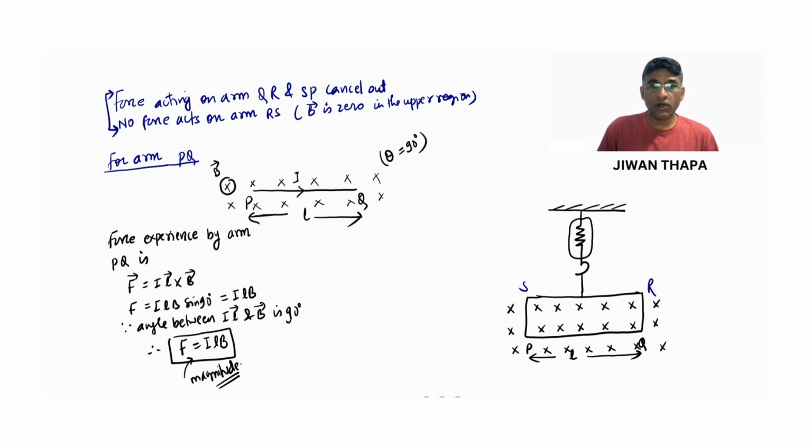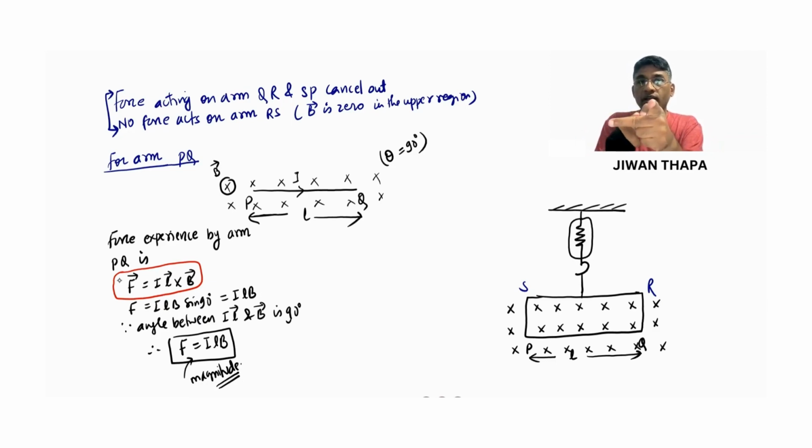Now, in order to find the direction of this force, as I said earlier, we use Fleming's left hand rule. So what we do, we take left hand, and first finger in the direction of magnetic field, and magnetic field is acting perpendicular to the plane of the board and is directed inward, and central finger gives the direction of current.